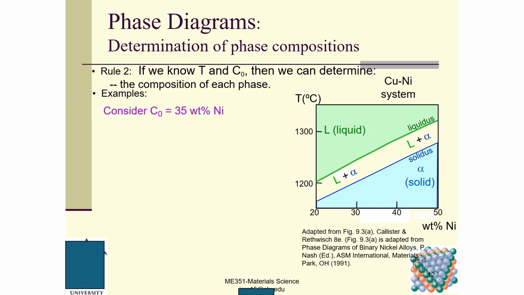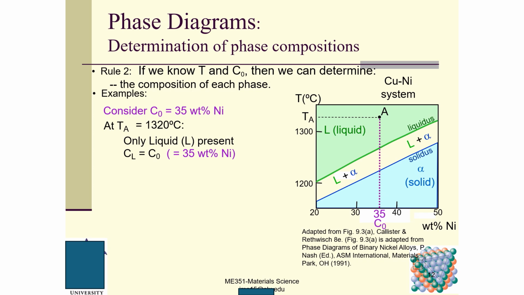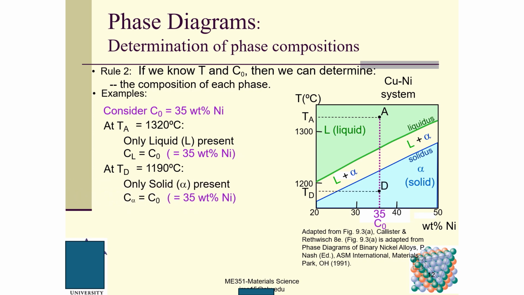And rule two: if we know the temperature and the composition, then we can determine the composition of each phase. For example, C0 equals 35 weight percent, from D to A. All the points on the same vertical line have the same composition.